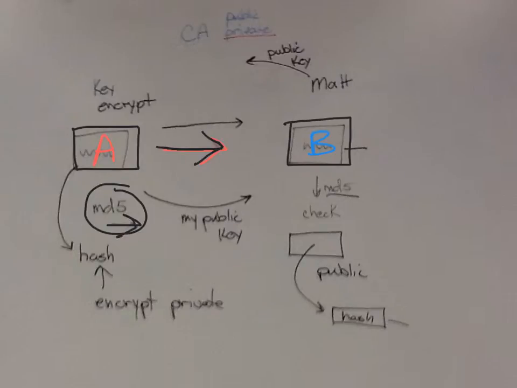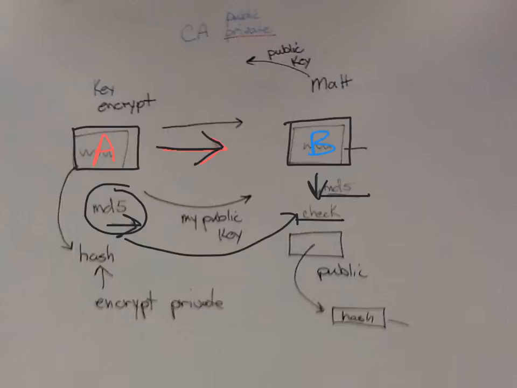We send the message. When it gets to the other end, they do an MD5 hash and check it with this hash to make sure it's okay. That makes sense? Okay, so we can assure that.